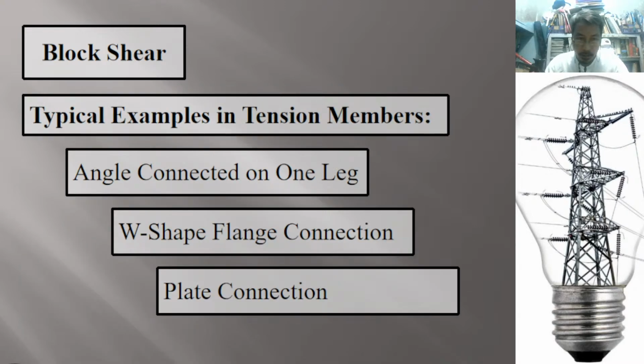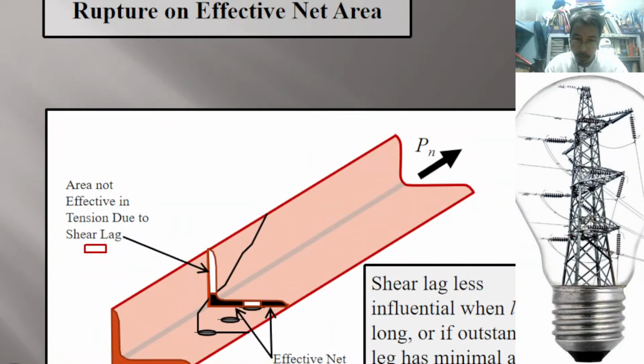So, a typical example of this is an angle connected on one leg, which we already showed you. Then there is the W-shaped flange connection and the plate connection. To give you a review of what we had last meeting, this is an angle or one-leg connection.